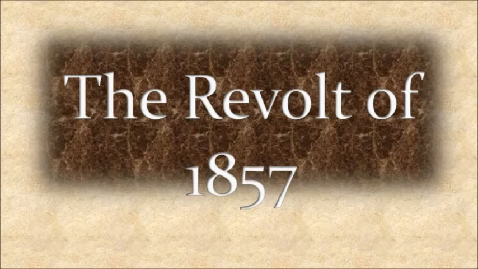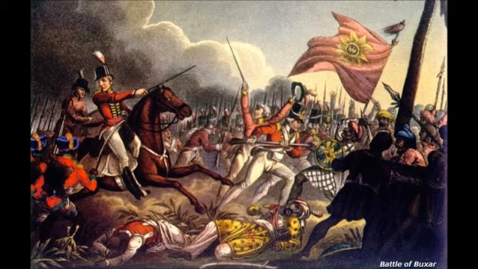So let's begin. Now, the revolt of 1857: firstly, you should have in mind that people from all sectors of society had participated in this revolt, and that's why it's very important in Indian history. Like the zamindars, the sepoys, the peasants, traders, artisans, pandits, maulvis.